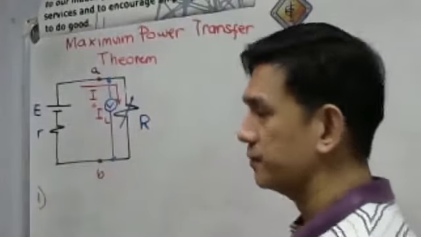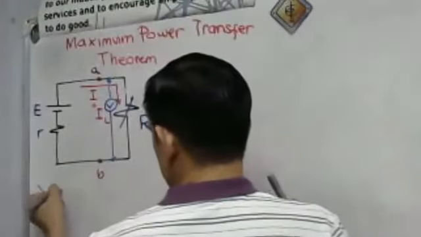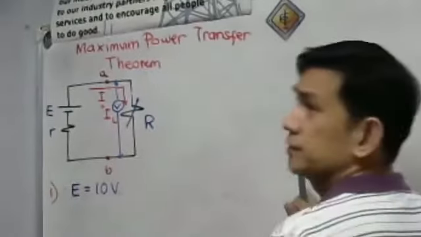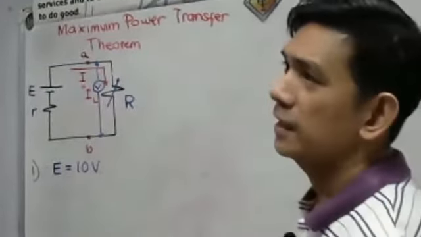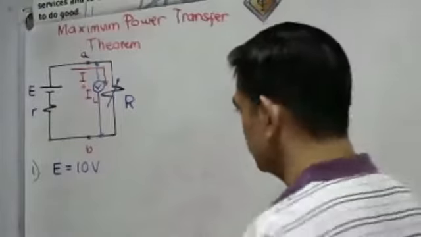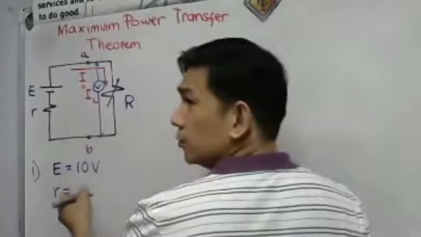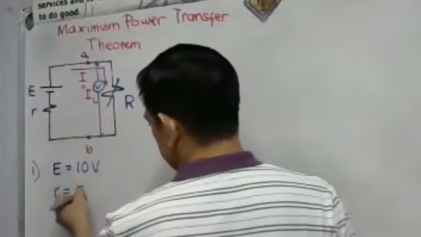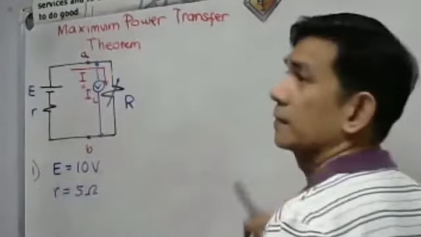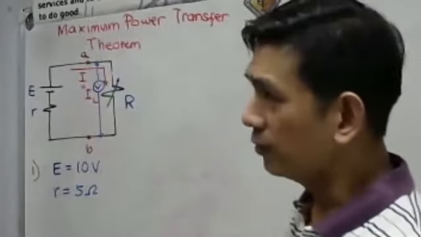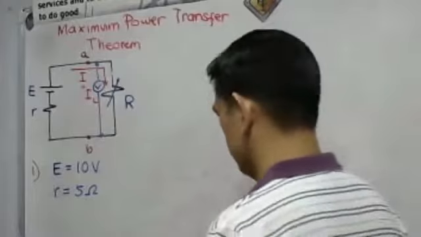If a 10 volts battery, so our E is equal to 10 volts, has an internal resistance of 5 ohms, so our small r is equal to 5 ohms. What is the load resistance at maximum power transfer?